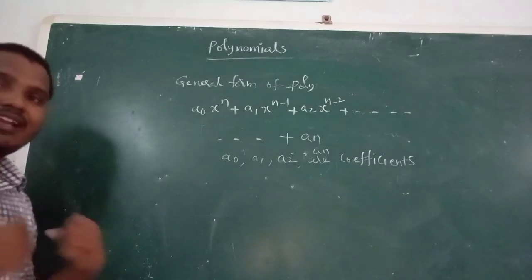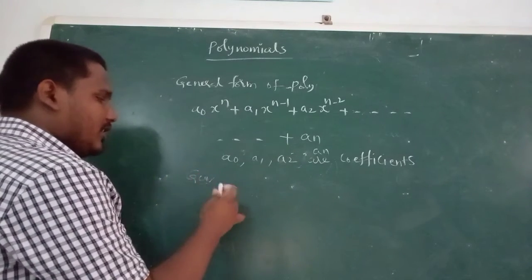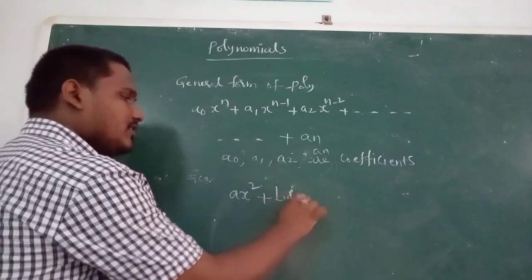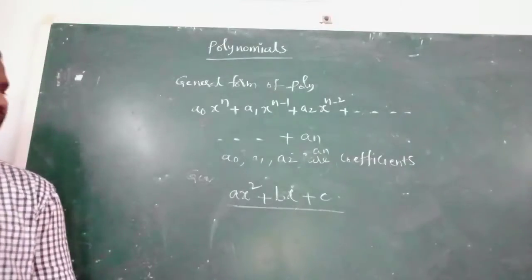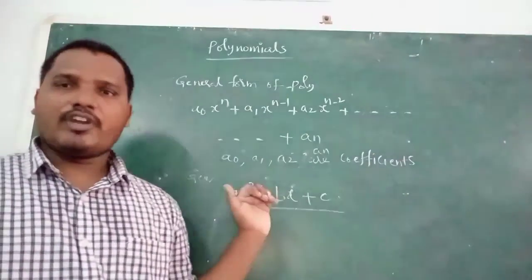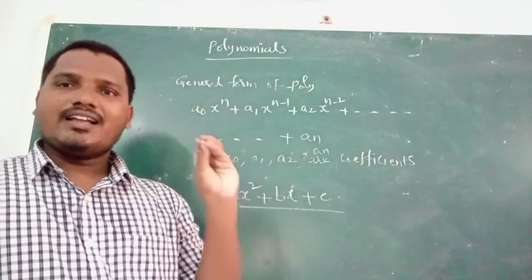Then the general form, here we are using ax square plus bx plus c. Ax square plus bx plus c is the general form of a polynomial.